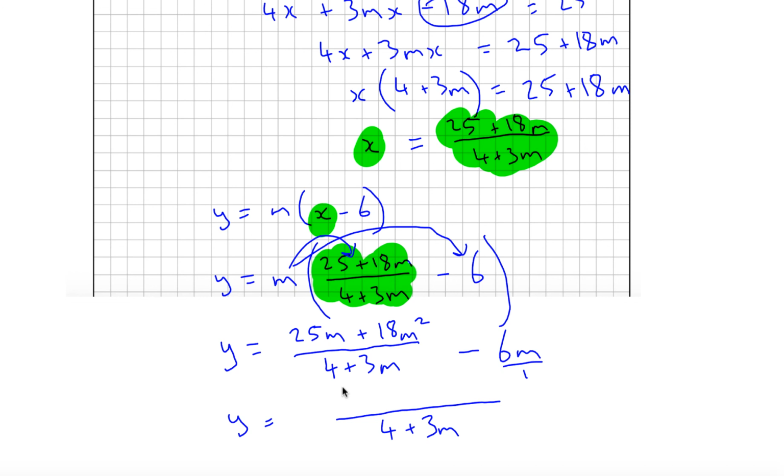So the top of this will remain the same. That's 25m plus 18m squared. And then 1 goes into 4 plus 3m times. So I multiply the 4 plus 3m by 6m. So minus 6m by the 4 plus 3m.